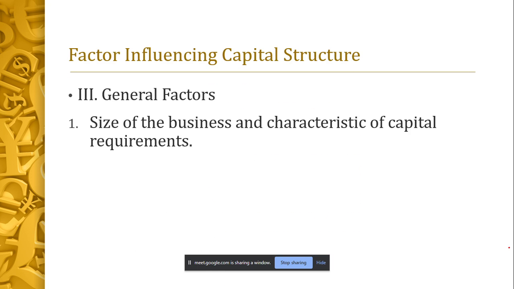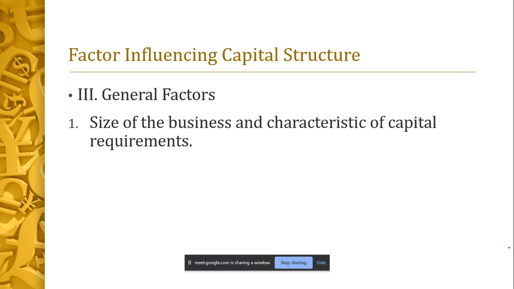Now, there are some general factors which influence the capital structure of an organization. The first one is size of the business and characteristics of the capital requirements. Size of the business is nothing but the amount that it is dealing with, and whether it is going to have a certain kind of effect on the economy or on the industry for that matter.